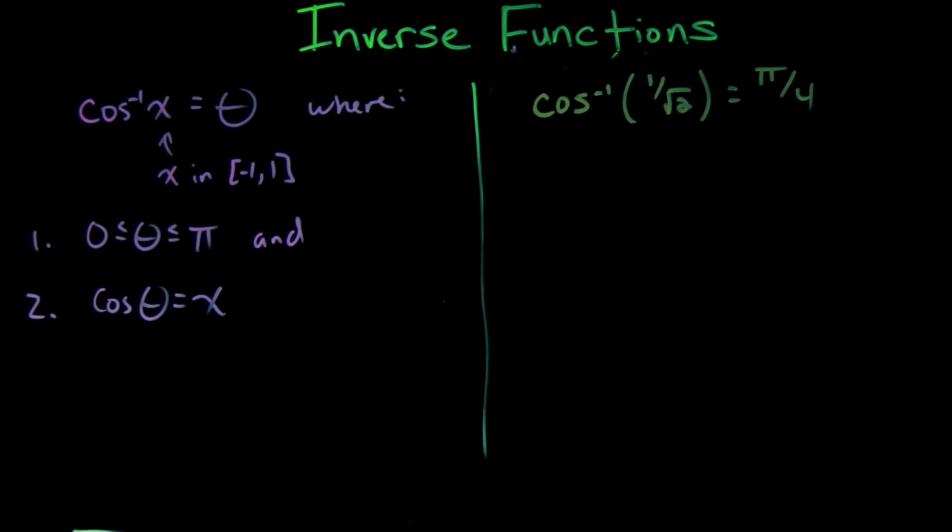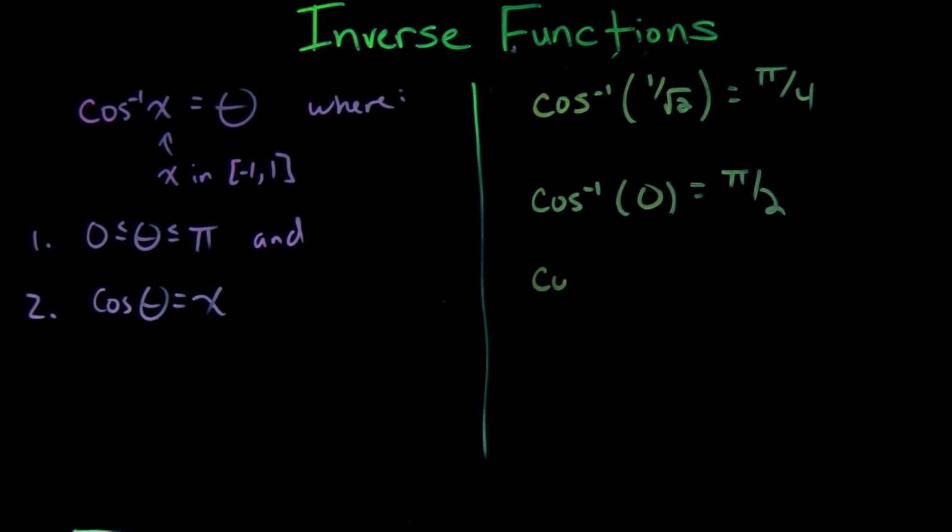Okay, because pi over 4 is between 0 and pi, and the cosine of pi over 4 is 1 over square root of 2. Or to do another example, the inverse cosine of 0 is pi over 2, because pi over 2 is between 0 and pi, and the cosine of pi over 2 is 0.